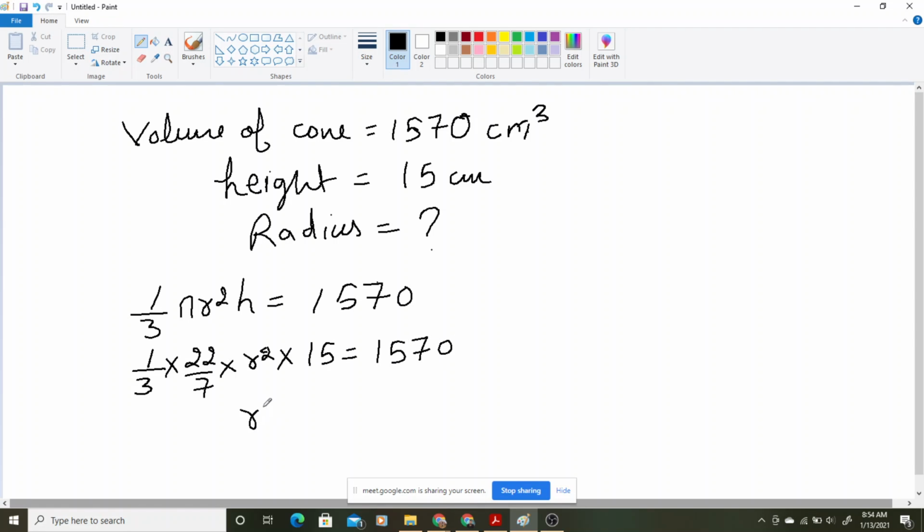So r² will be equal to 1570 multiplied by 3 multiplied by 7, divided by 22 multiplied by 15.